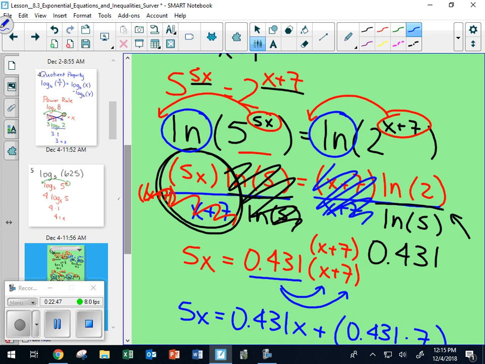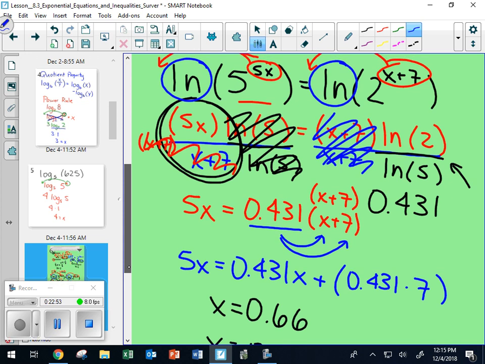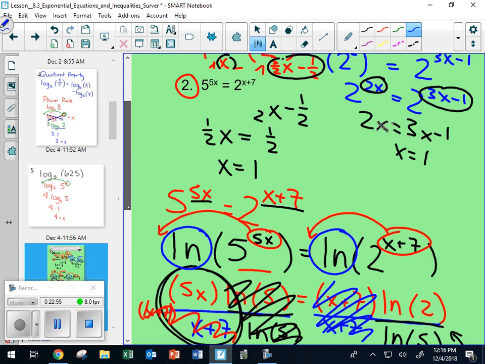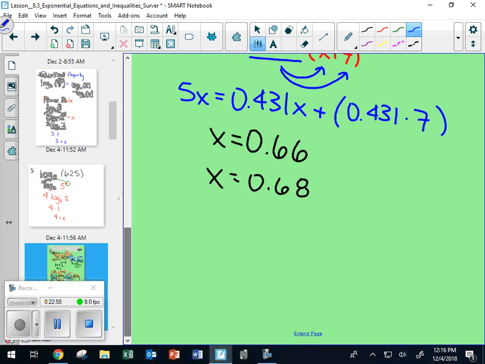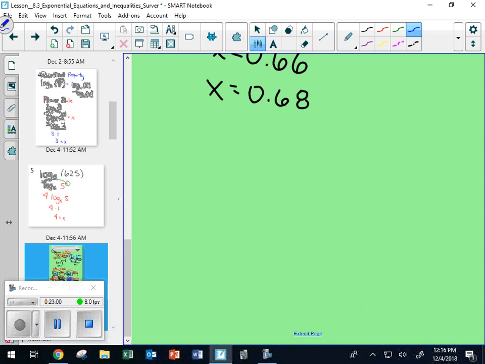The reason why I like to use the natural log is because if you have a case like this problem here, but, for example, instead of 5, you have e to the 5x equal to e to the x plus 7, this problem will not work if you just use the basic logarithm.